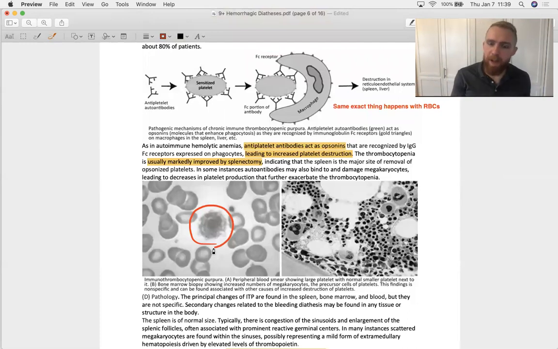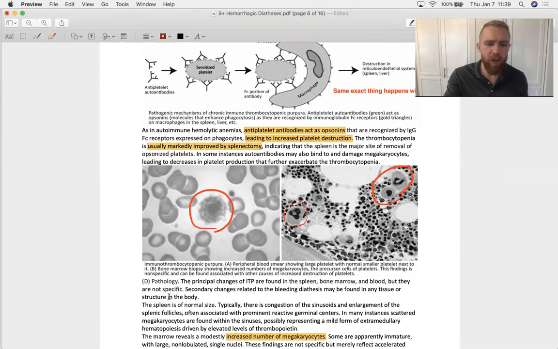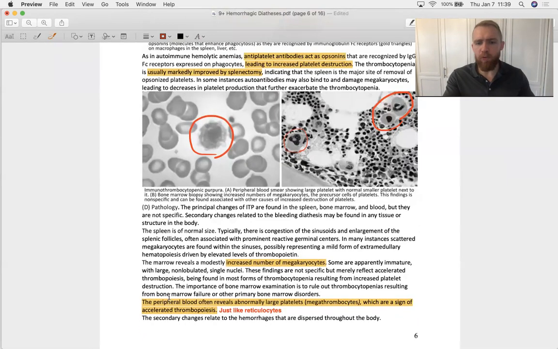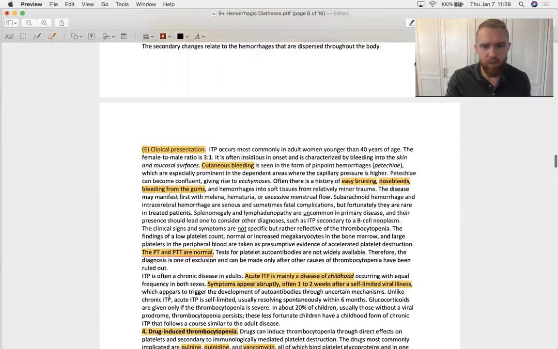So that's your large platelets in the blood. And then also, if you did a bone marrow, you'd see an increased number of megakaryocytes. Just like how if you had an anemia, you'd see an increased degree of erythropoiesis if nothing's wrong with the bone marrow. So that's thrombopoiesis. Same exact thing that happens with red blood cells, just with platelets.